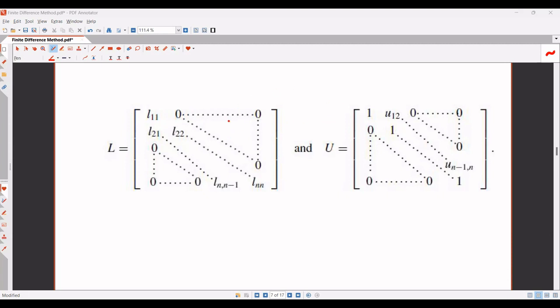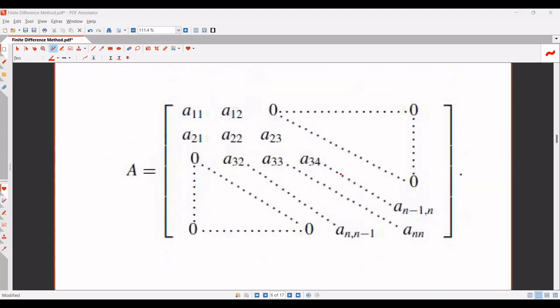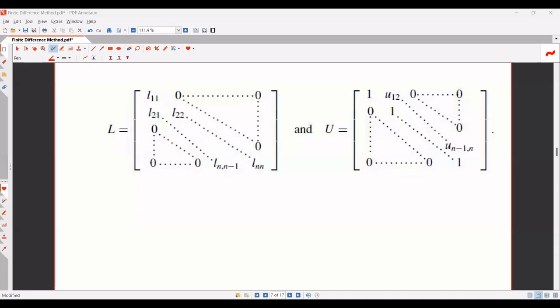Then we multiply these two matrices, L times U, and we equate the product with the general matrix A. So we have this situation: multiply the L on the next page with U and equate it with A, and basically compare each element position by position from the left hand side and right hand side and equate them. Why do we equate them?